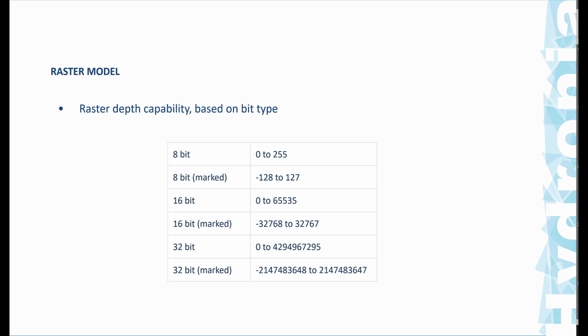Another important parameter to consider is the bit type used to implement a raster file. This is the parameter by which the raster stores information. The range of values that the cell can store will depend on this parameter.